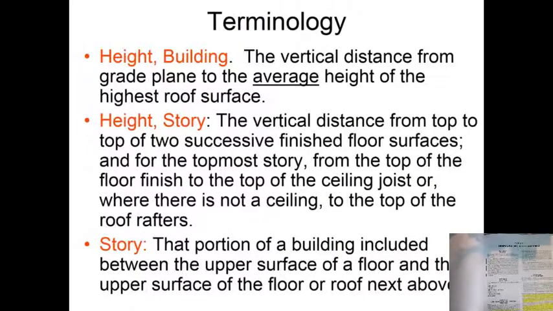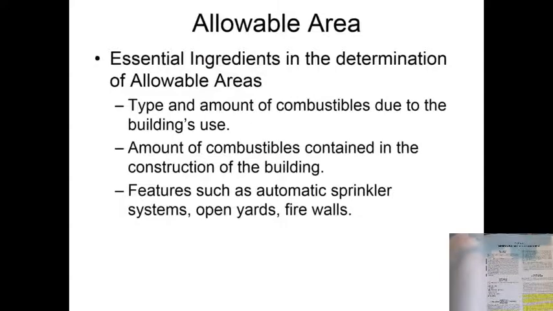Height of the story is the vertical distance from top to top of two successive finished floor surfaces. So we're doing finished floor to finished floor when we're looking at it. Story is the portion of a building included between the upper surface of a floor and the upper surface of the floor above, or the roof next above.